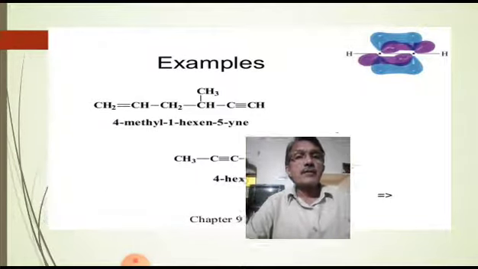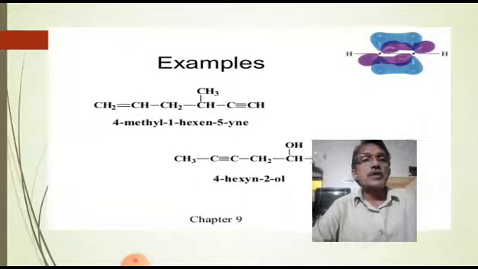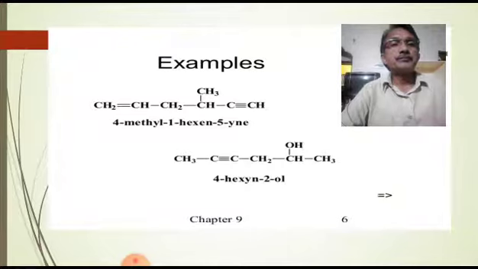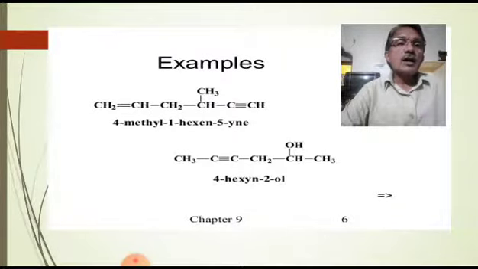Some more examples for IUPAC nomenclature. CH2 double bond CH, CH2, CH, CH3, C triple bond CH. In this case, a double bond is present at the first carbon.